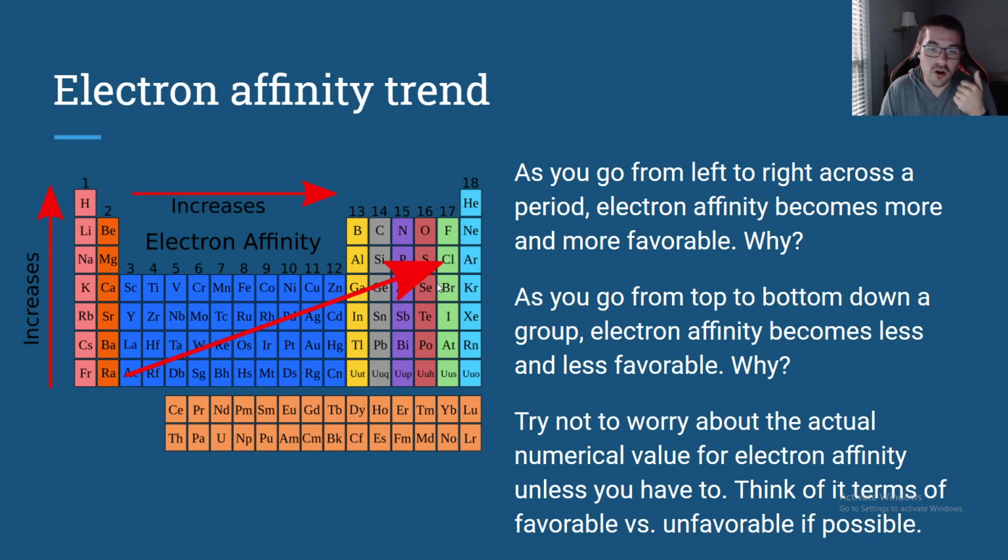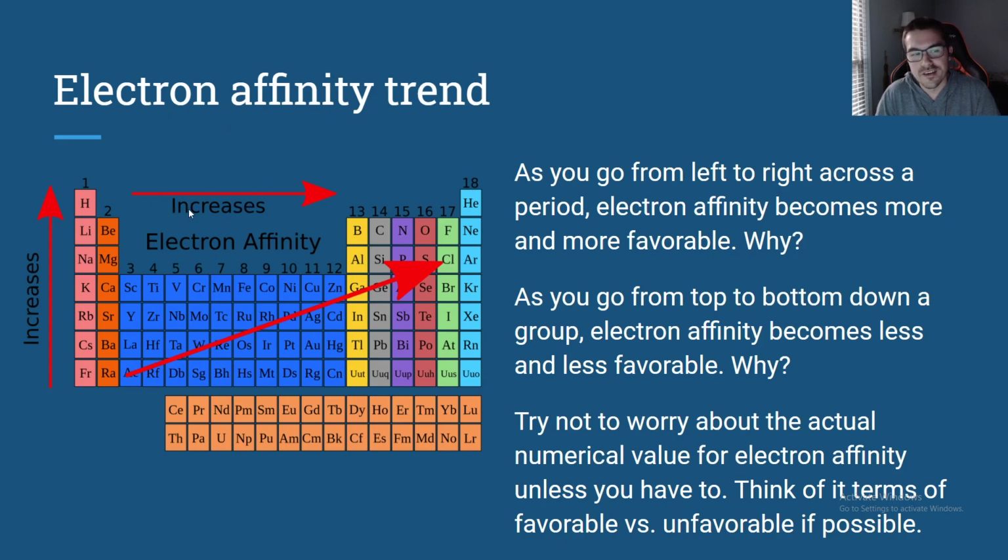It was harder and harder to remove electrons from atoms, and that was due to the increasing effective nuclear charge while staying in the same valence level. So the distance away from the nucleus wasn't changing, but the amount of positive charge in the nucleus was going up, and so it was harder and harder to rip those electrons away as you went from left to right across the table. Well, let's think about what that would mean for electron affinity then.